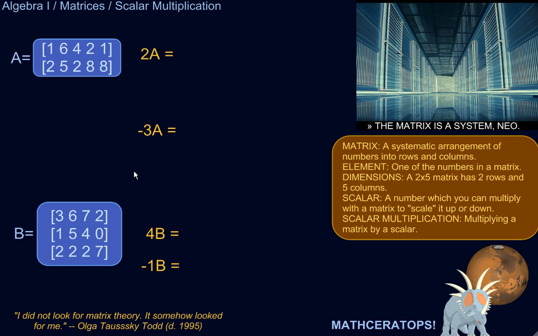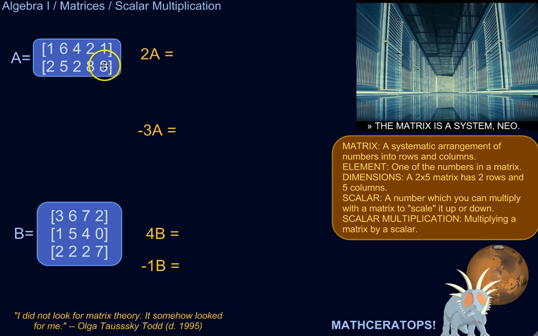So let's just review some terms first. A matrix is a system of organizing data into rows and columns. That's all it is, like an Excel spreadsheet. Rows and columns.